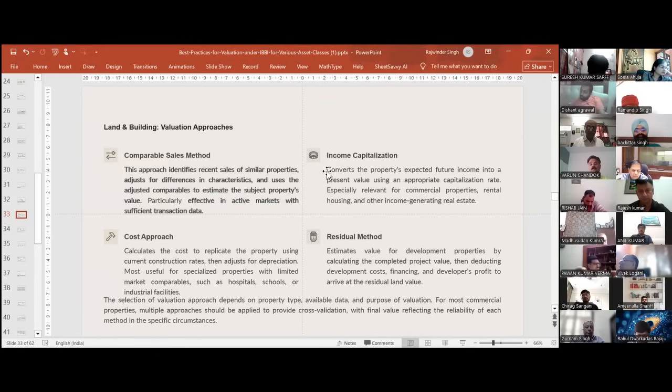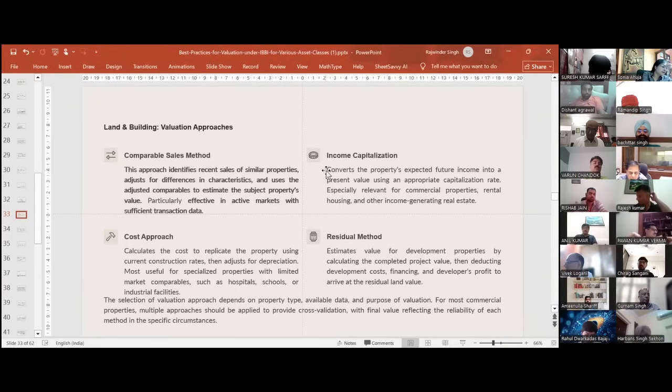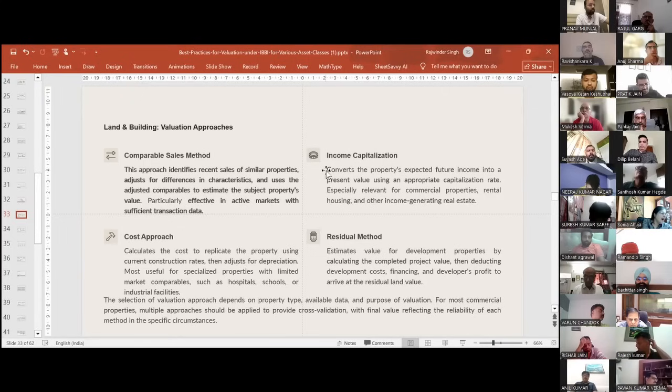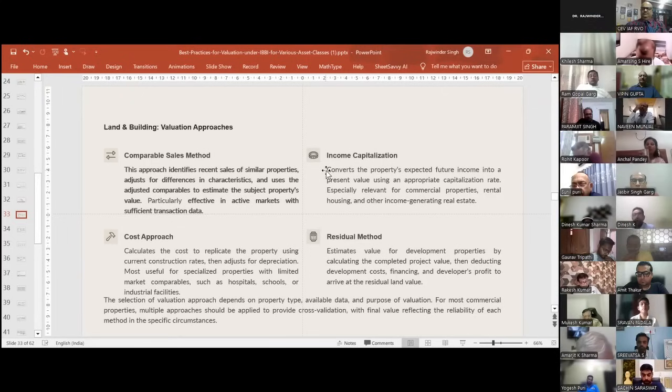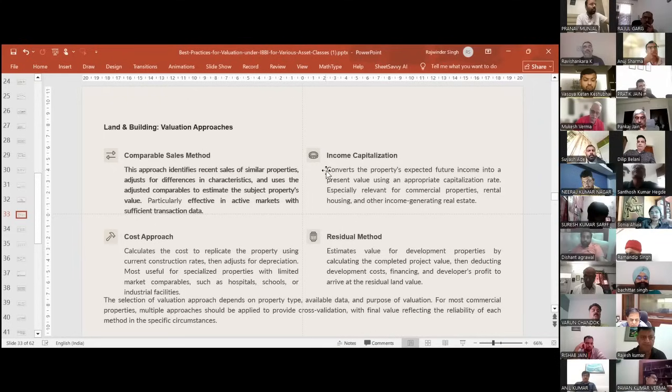The second approach you should know is income capitalization. In this, we convert the expected future income of the property into a present value by using an appropriate capitalization rate. It is especially relevant for commercial property, rental housing, and other income generating real estate. The third method is the cost approach, which we generally have been using.